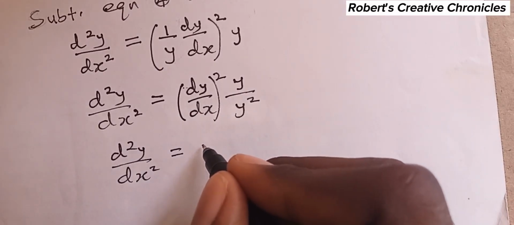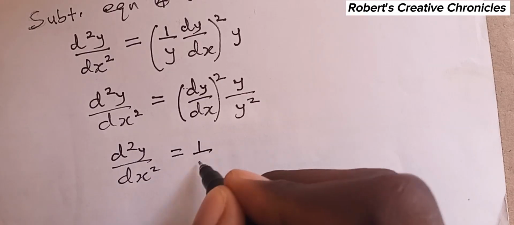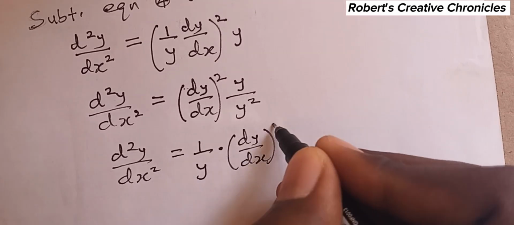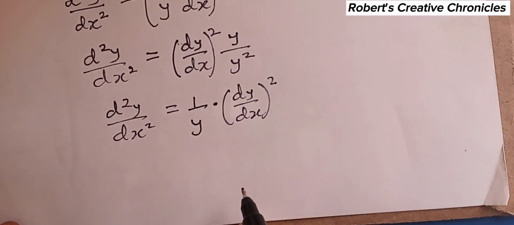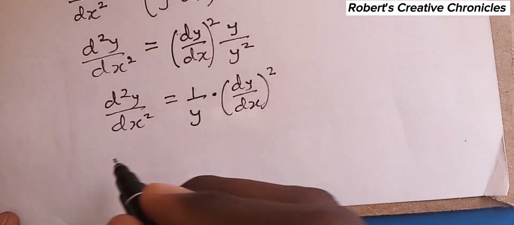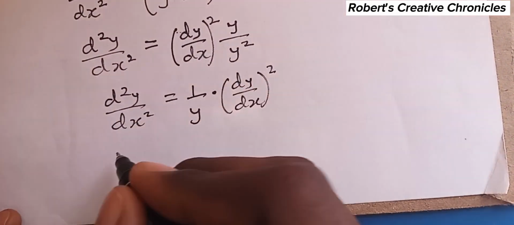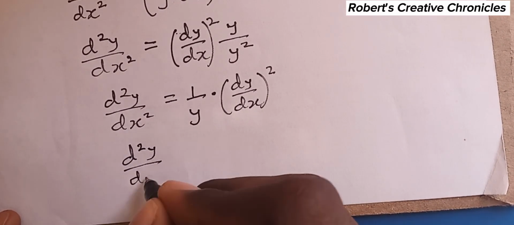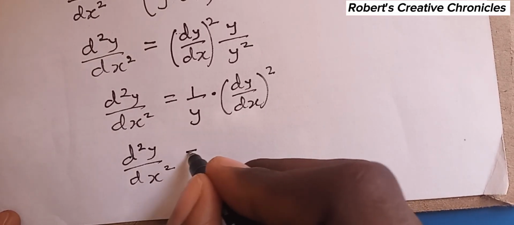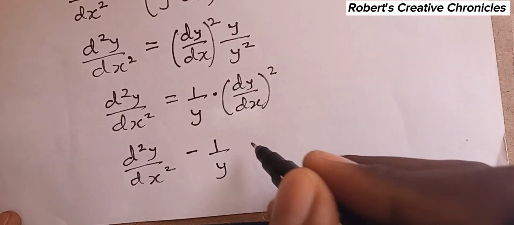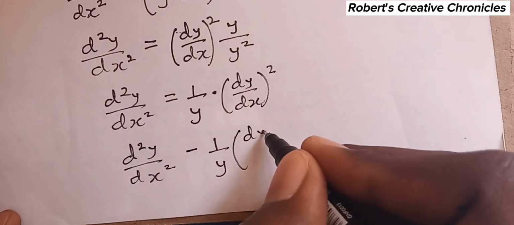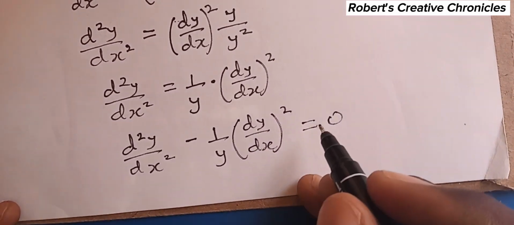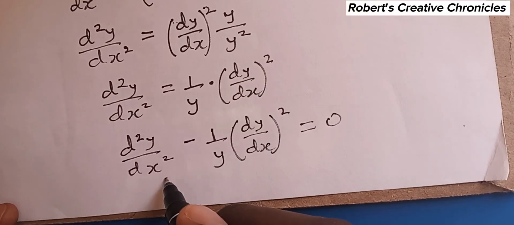So this automatically becomes 1 over y, dy over dx squared. And finally, we take all these terms to the other side, so it becomes d²y over dx² minus 1 over y, dy over dx squared equals 0. So this is my final answer for part B.